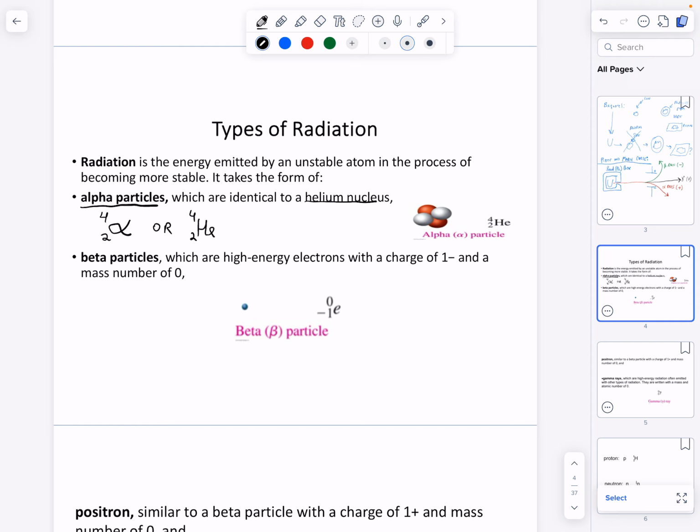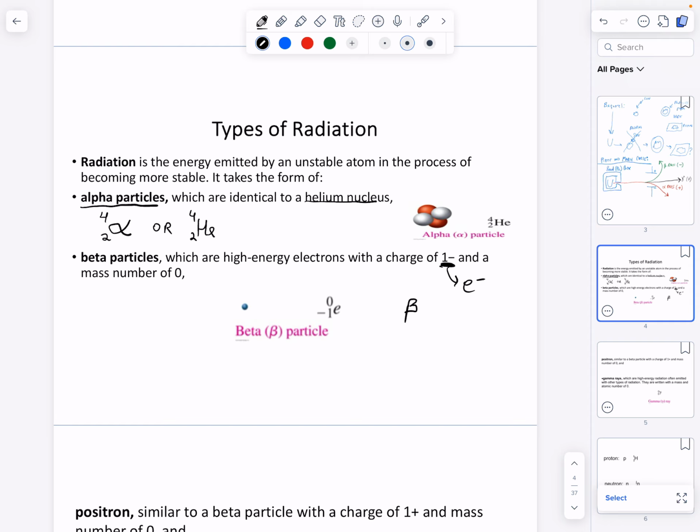Then we have beta particles. Beta particles have a negative charge, and as you know, the only thing that has a negative charge is an electron. That is why this is written as a beta, because it doesn't have protons.